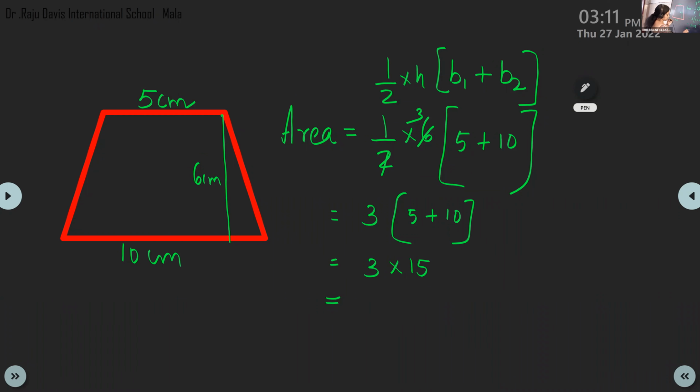Answer 45 centimeter square. For this you are taking this much time? Unless you study this cancelling method, you will not answer any problem faster. You'll take a lot of time to answer. Just cancel with common factor.